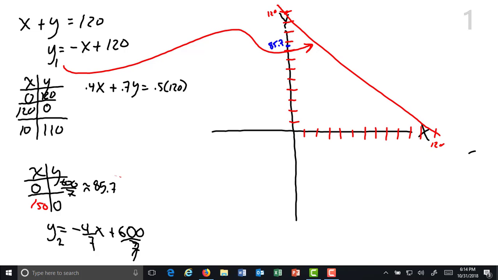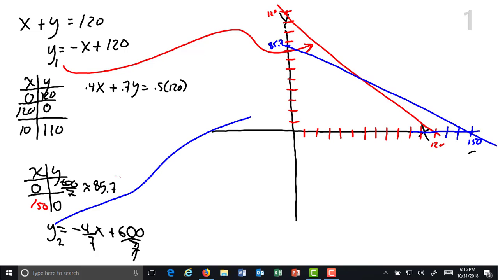But the other guy, when y is equal to 0, is going to be 150. So this is going to be 30, 40, 150. So that's going to look like this. And that's going to be the graph of y2.